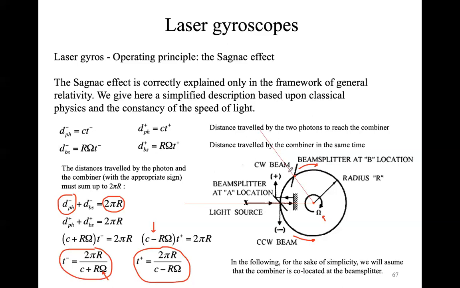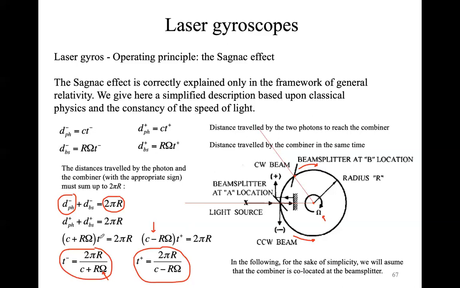For the beam that is moving in the clockwise direction, this beam is observing the detector moving away. So in this case, the velocity is indeed C minus R omega. So you are seeing a negative Doppler shift. You're seeing that your beam splitter is moving away.